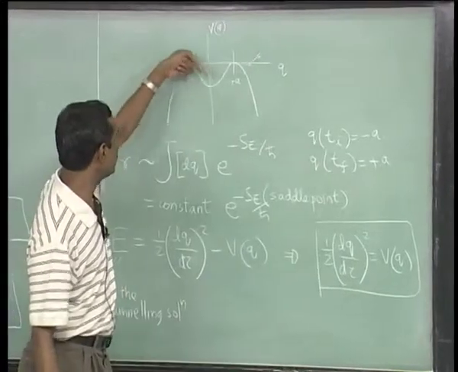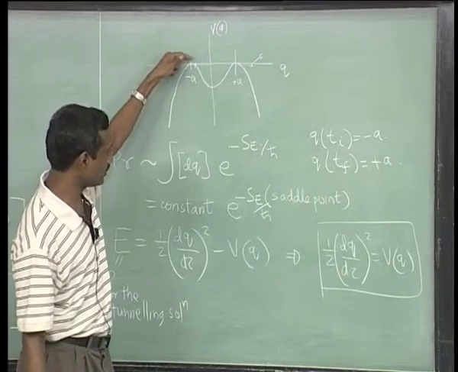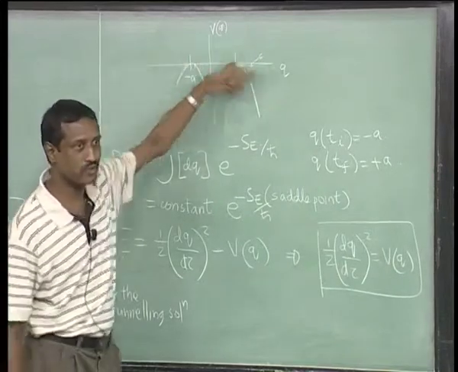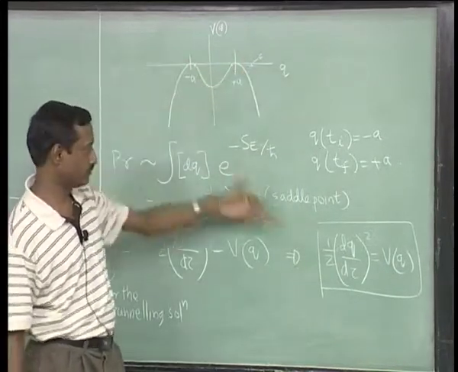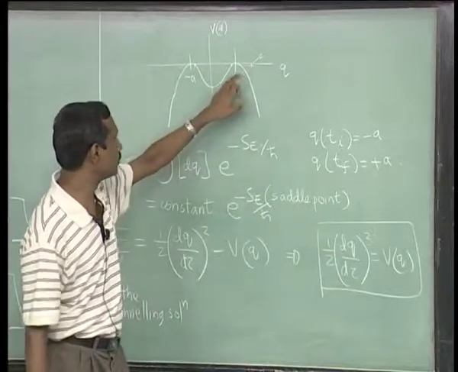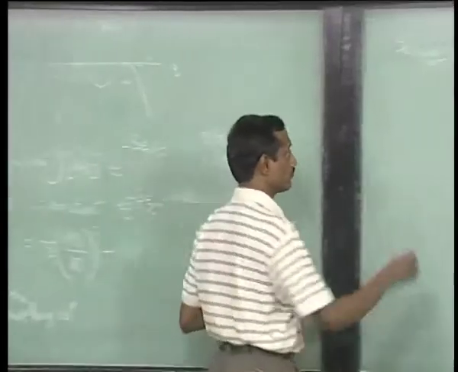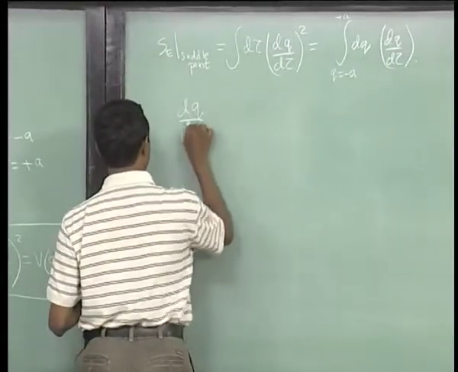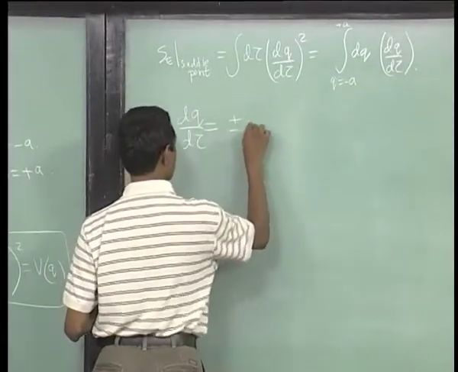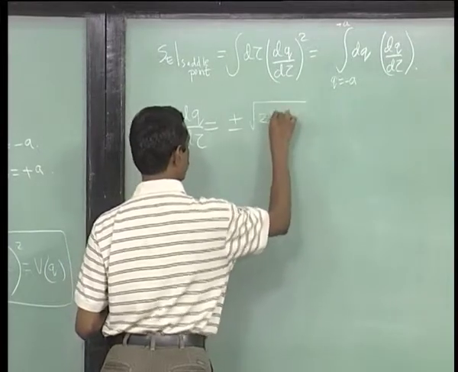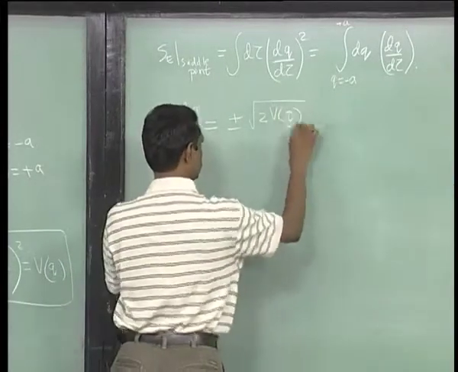So, the square root should be, at some point it should be slightly positive, it should be moving, dq by d tau should be positive. If you want the other solution where it goes from plus a to minus a, we would choose the negative square root. So, dq by d tau will be equal to plus or minus square root of 2 V of q.